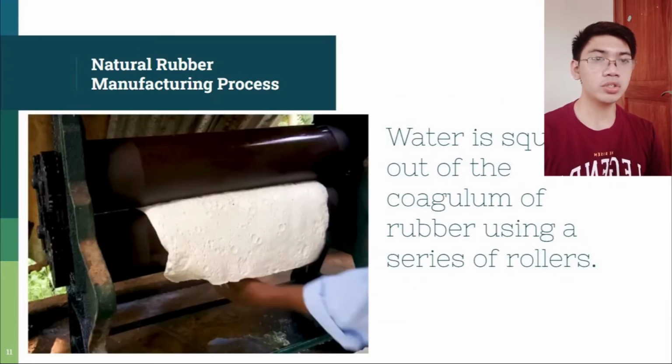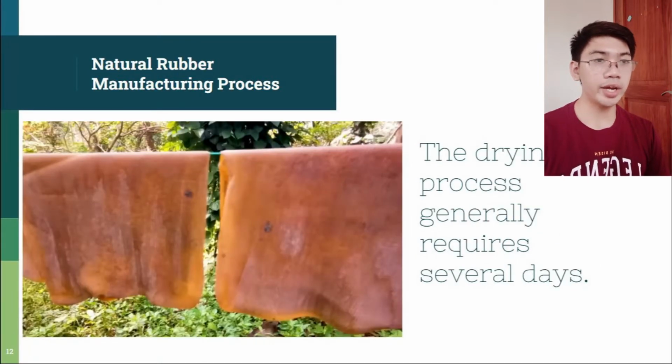Then, water is squeezed out of the coagulum of rubber using a series of rollers. The resulting thin sheets, about 1/8 inch thick, are dried over wooden racks in smokehouses. The drying process generally requires several days. An even higher quality rubber called pale crepe rubber requires two coagulation steps followed by air drying.